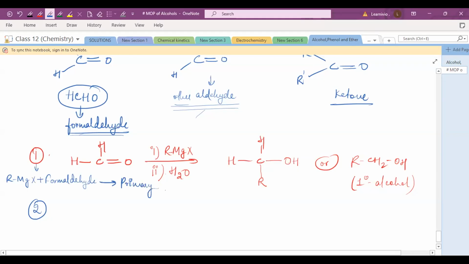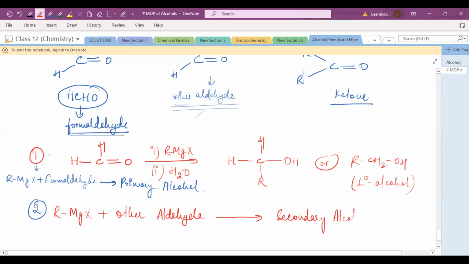Write this first, then write the reaction. Next, when you treat the Grignard reagent with another aldehyde, always remember you will get a secondary alcohol.